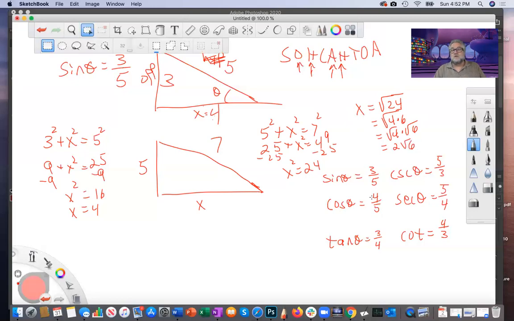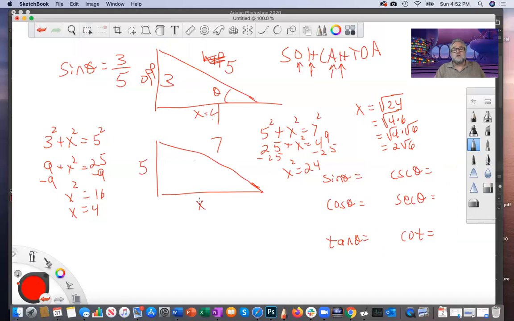So now let me go through and we'll do this again. Sine theta, so this will be 2 radical 6. Here's theta, opposite over hypotenuse. Cosine is adjacent over hypotenuse. Tangent is opposite over adjacent.